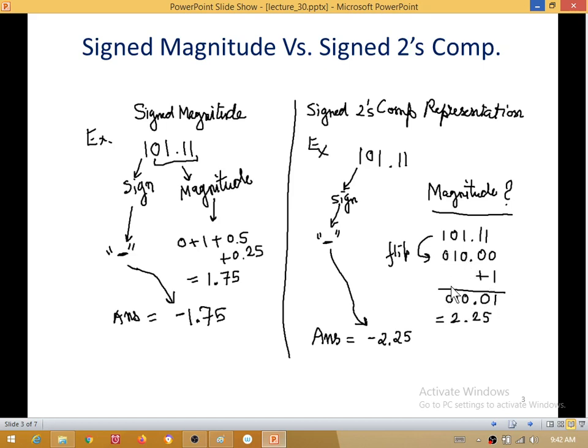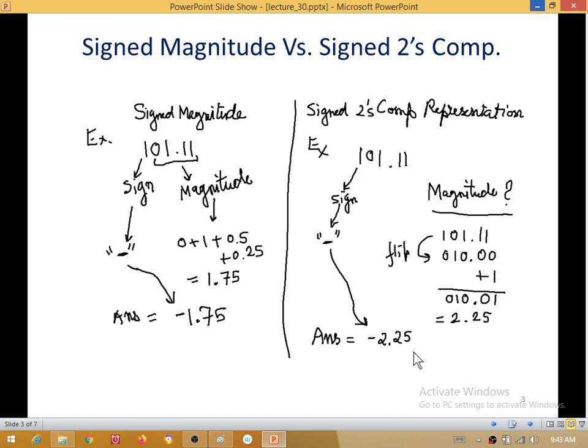So what is the actual value of this number? This is then 2 raised to 1, which is a 2, and then this is 0.25. So the magnitude is going to be 2.25. However, the sign is telling that it has to be a negative number. So the final answer is minus 2.25.